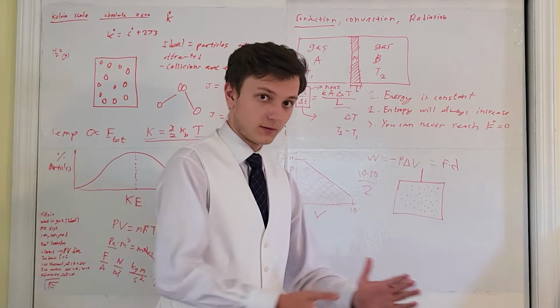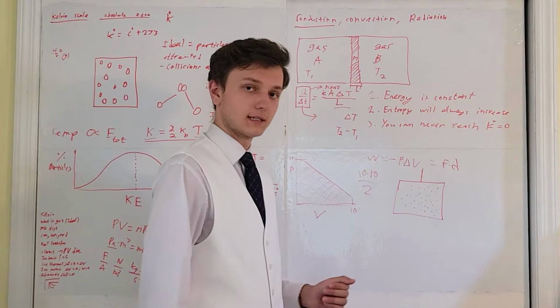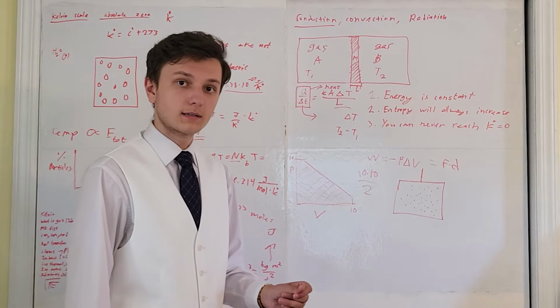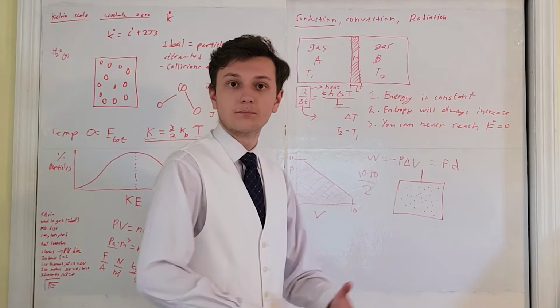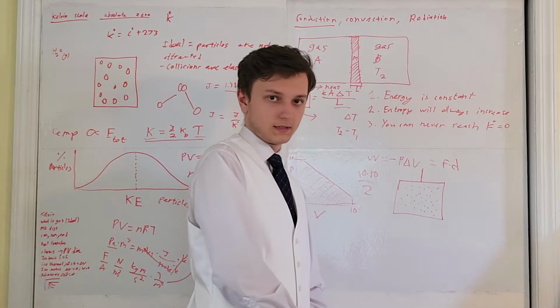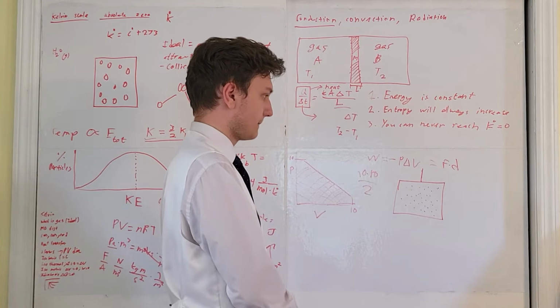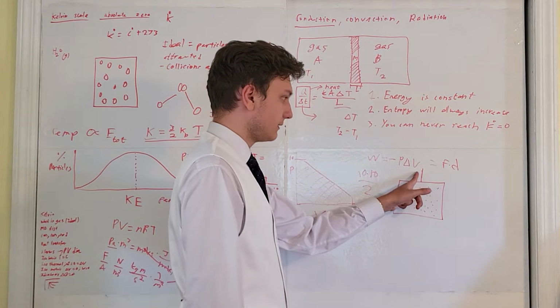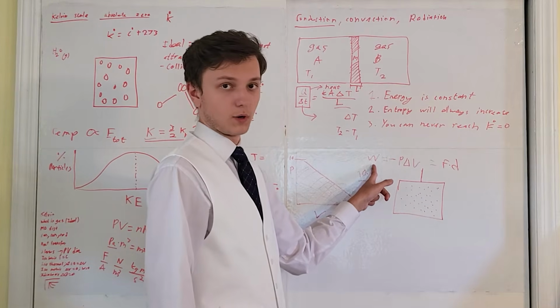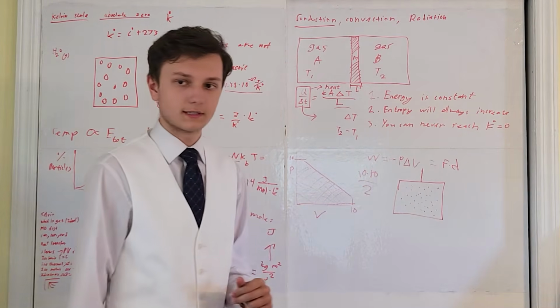If I decrease the volume of a system, I push on it, my delta V is negative. Okay? But if I decrease the volume of a system, I am doing positive work on the system. Okay? Which means a negative delta V needs to equal a positive work done, which is why this extra negative is here.